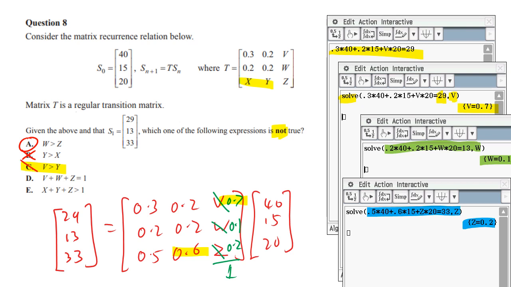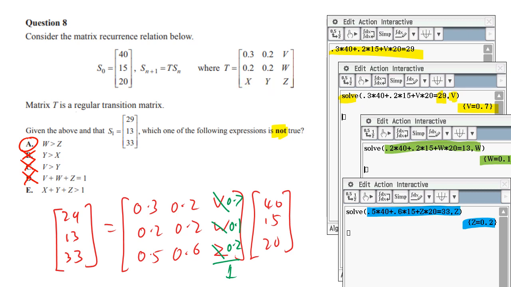True is wrong in this question. Next one is V plus W plus Z equals 1. We'll use that to work it out. It does actually work out, V plus W plus Z equals 1. So that's true, which means it's wrong. Hate these double negatives, don't you?